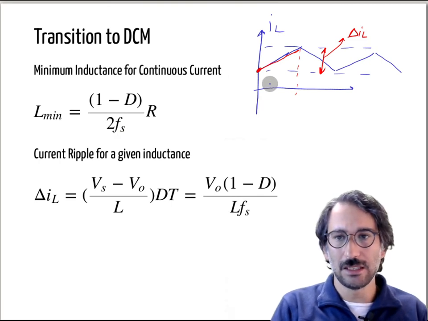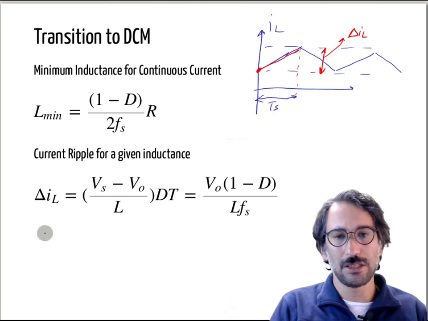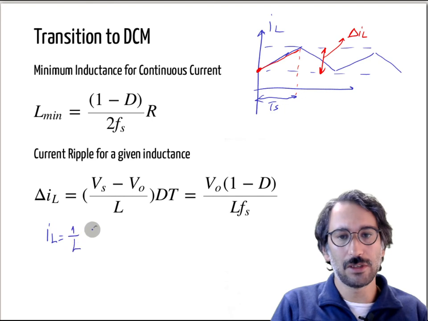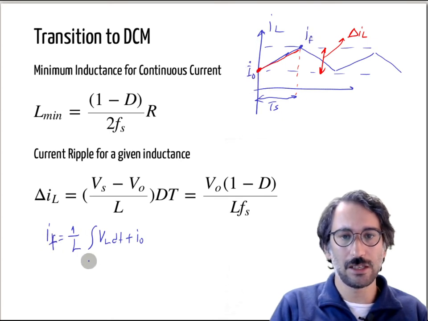The period is Ts, and I will use the same equation. So IL is equal to, again I forgot the inductor, 1 over L integral of VL dt plus I0. If this is I final, and this is I0, let's call it IF.